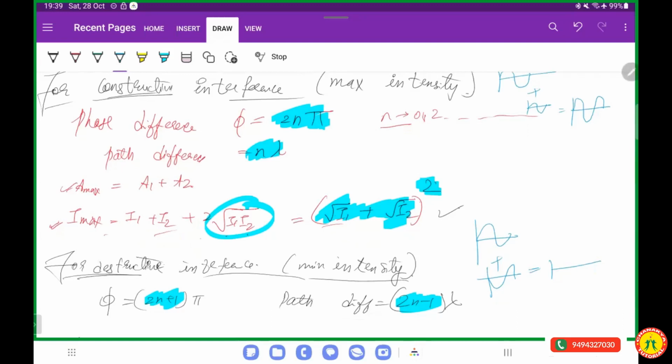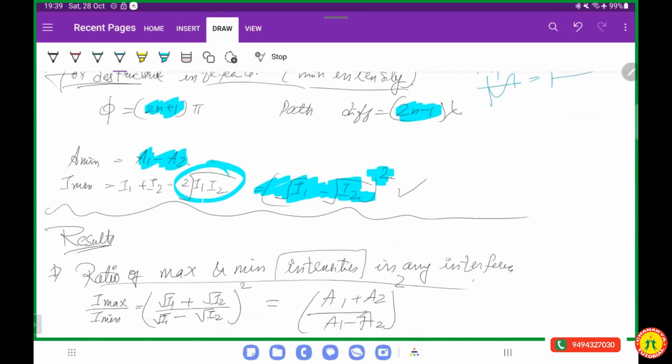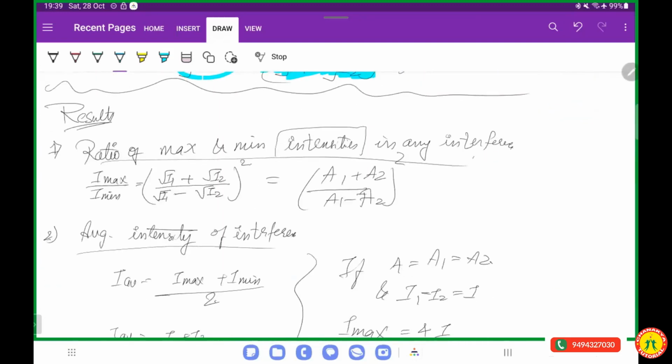This is the resultant. That's what results we saw.